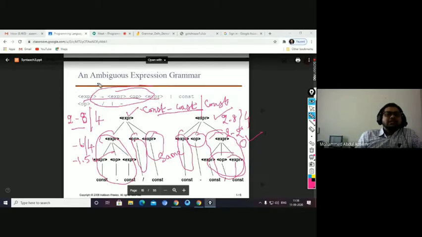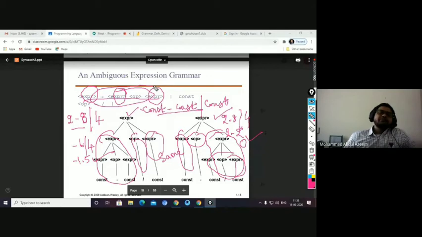It means if I'm having a grammar like this, where the LHS part is available on the RHS, on both the operands of the operation, then the problem comes.